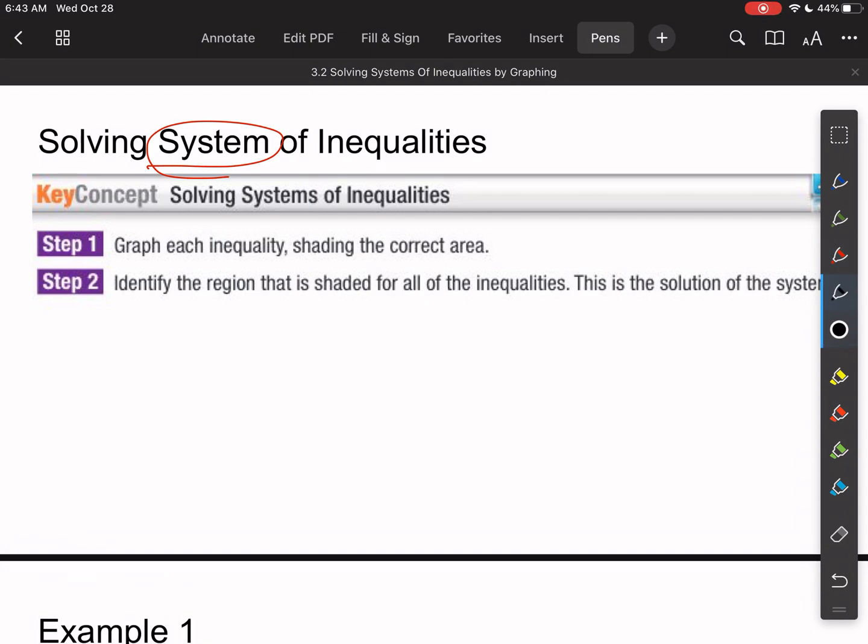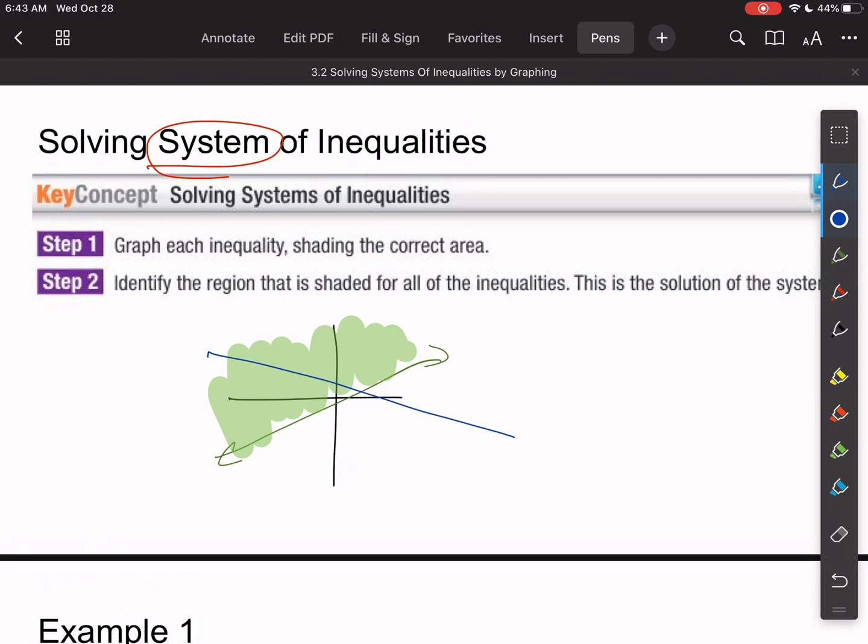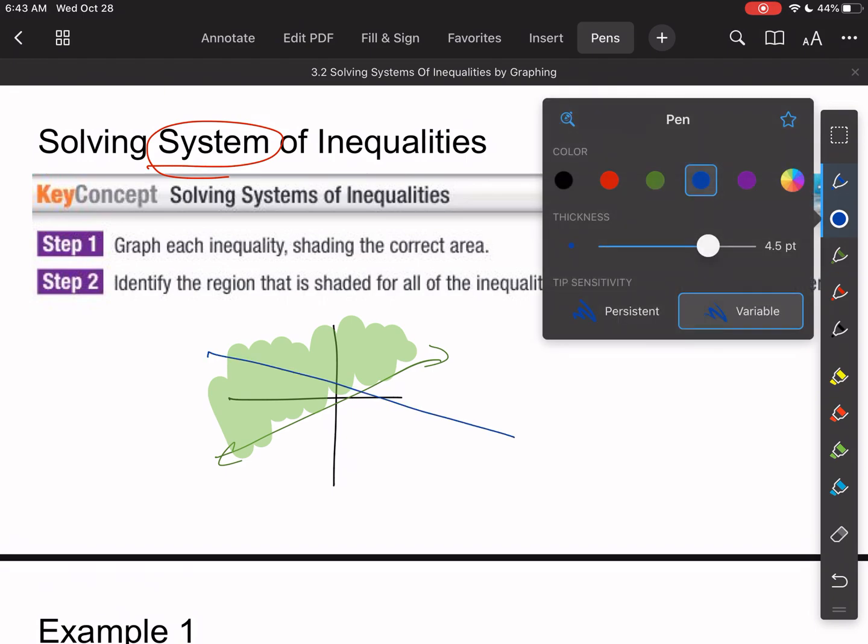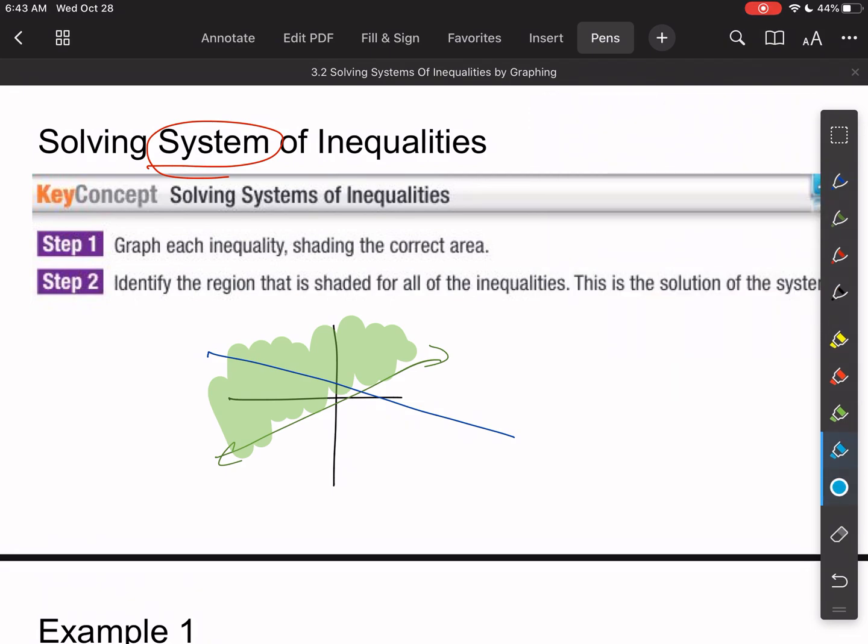that is in both. So say I have a graph here, let's say one of our graphs looks like this, and another one, and we'll shade up here. We'll use the green. Then we have another inequality that looks like this, and its shading is up here.